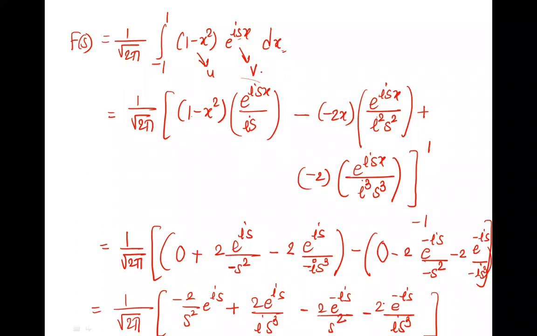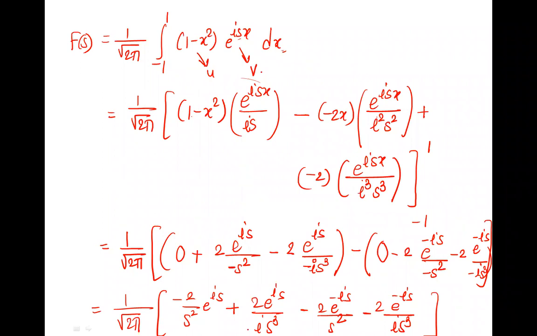Now, this i is in the denominator, we should try to take it up. What you can do? Divide and multiply by i. Do it in the next step or do it here only.